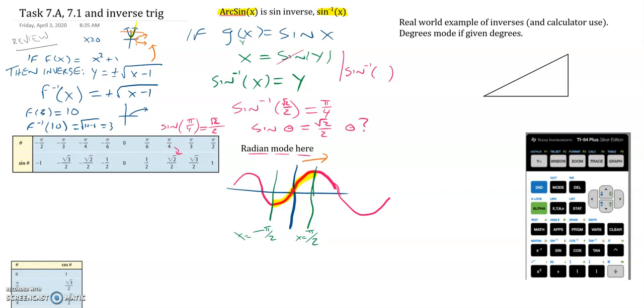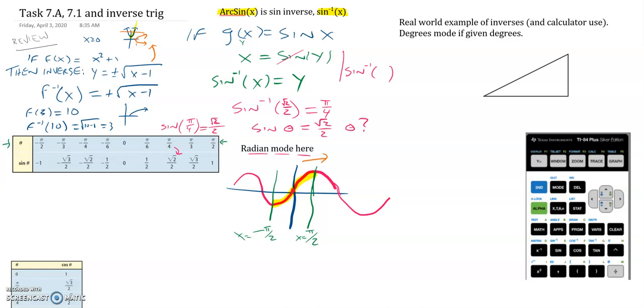So if you look at my table over here, this table is locked down to only answer questions that are in between negative pi over 2 and pi over 2. So that is our domain.